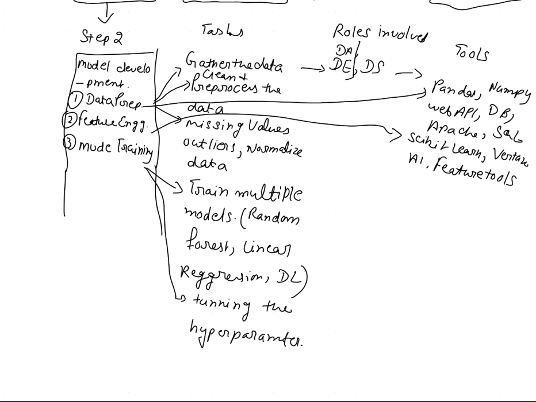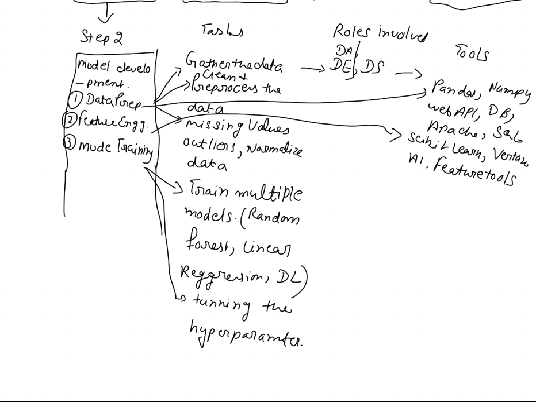Let's say you are applying the random forest. During the random forest, you want to set the depth of your model. So your model can be an expert and try to understand the pattern at a deeper level and give you a good prediction. At that time, you will set the hyperparameter, maximum depth of the tree, 10, 20, whatever you like. Okay. So you will tune your model using the hyperparameter.